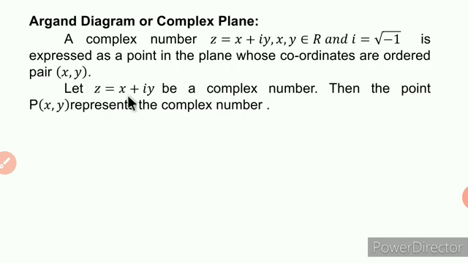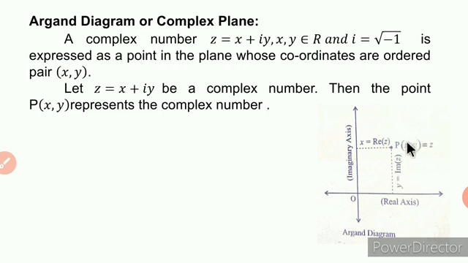Now let z is equal to x plus iy be a complex number, then the point Pxy represents the complex number. Now see the diagram. Here this Pxy represents the complex number z. Now here from the figure we observe that x is the real part of z and y is the imaginary part of z.